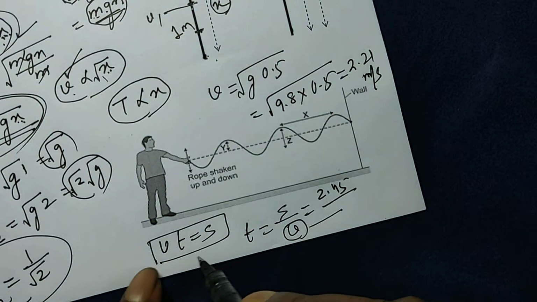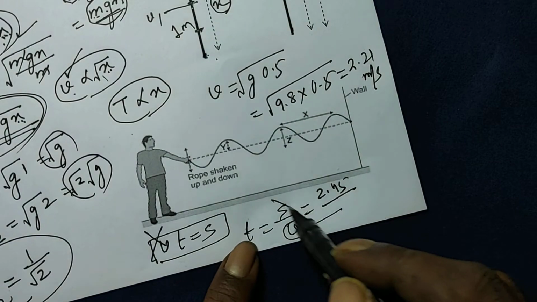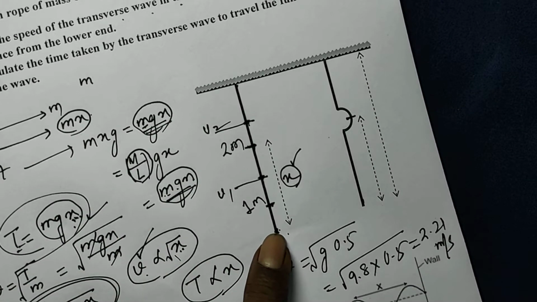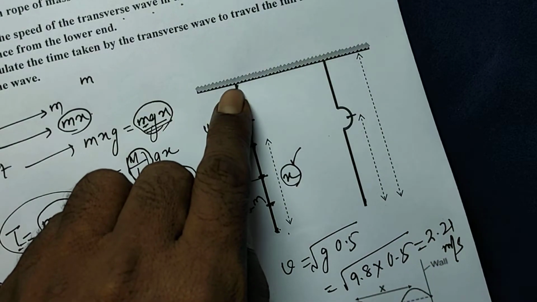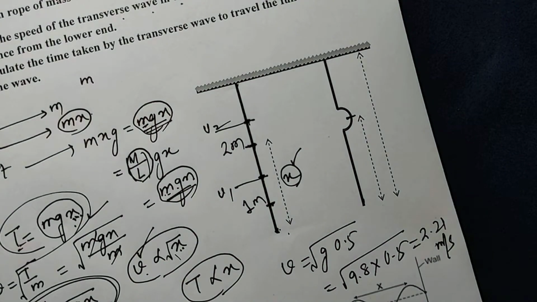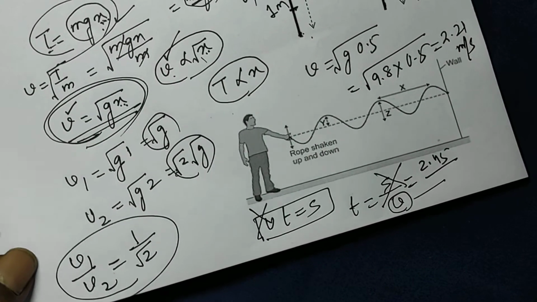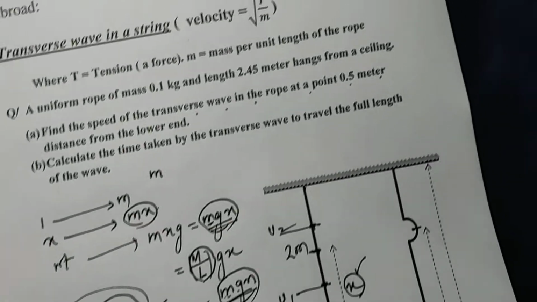So you cannot use this expression to find the time taken by the wave to travel from the free end of the rope to the end where it is hanging from the ceiling. Then what you have to do, you have to approach the differentiation method.